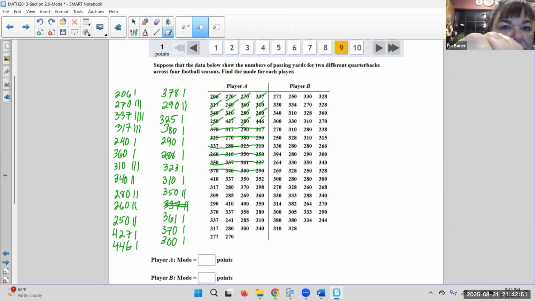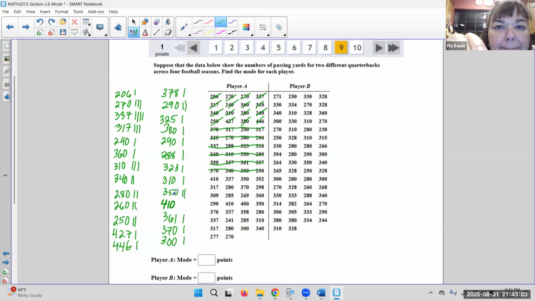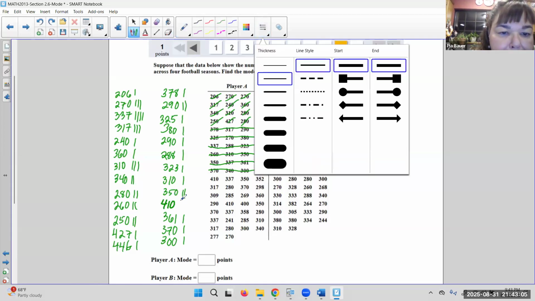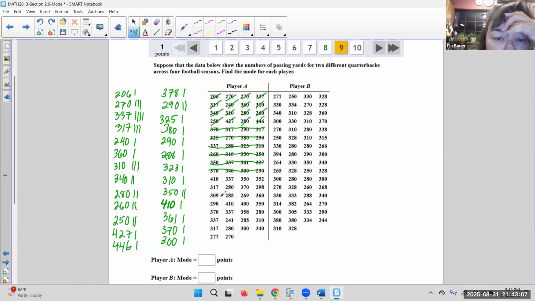I'm going to erase this one. 337. 350. 352.